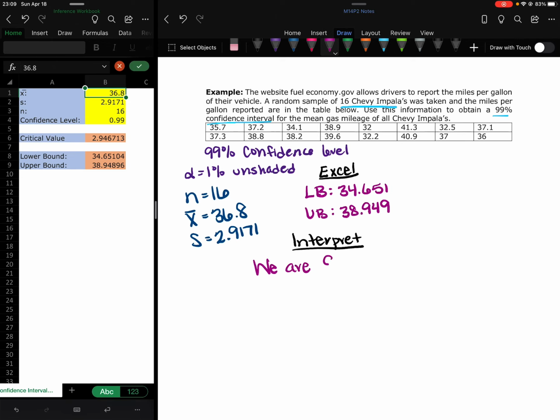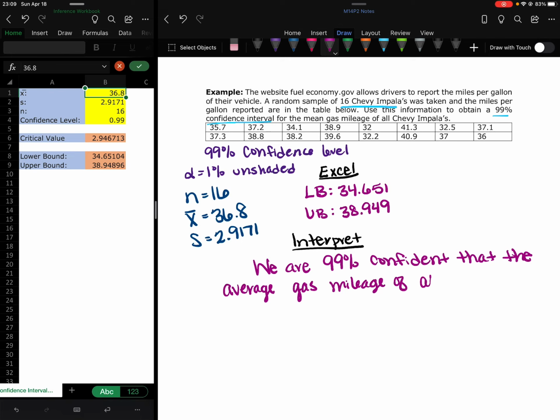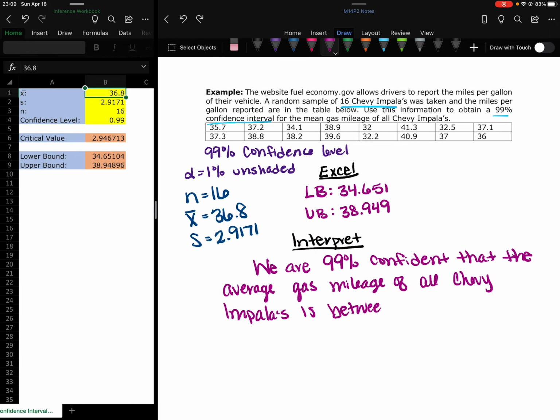So we are 99% confident that the average gas mileage of all Chevy Impalas is between 34.651 miles per gallon.